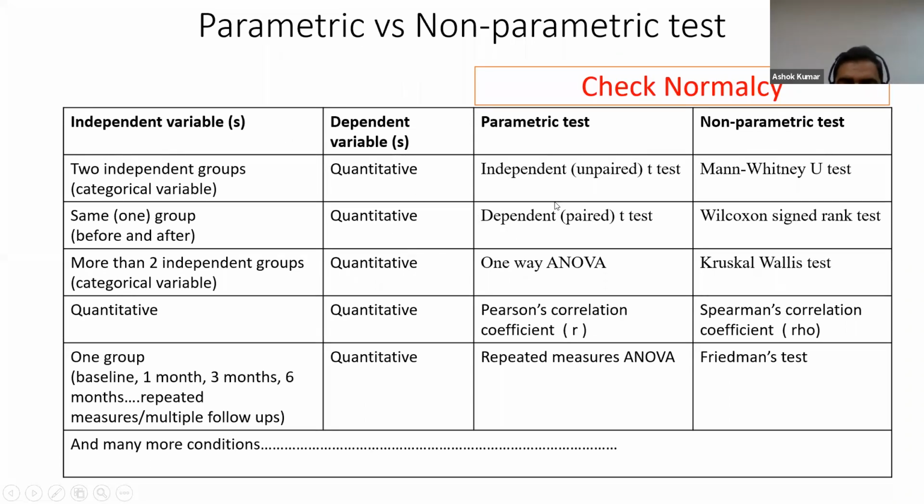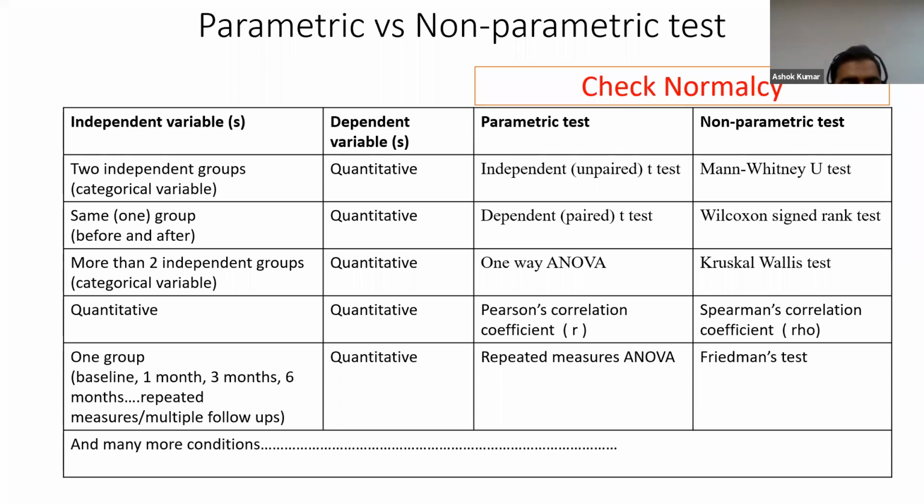So I have to use the dependent or paired t-test because there is a pair, before and after. If our dependent variable follows normal distribution; otherwise I have to use the Wilcoxon signed rank test instead of the dependent t-test.